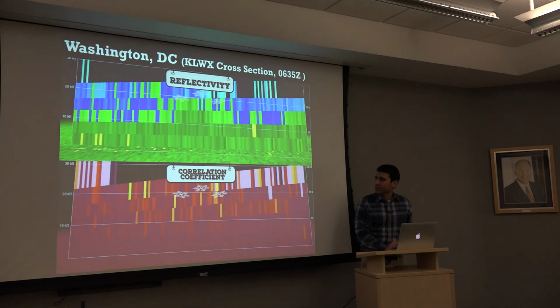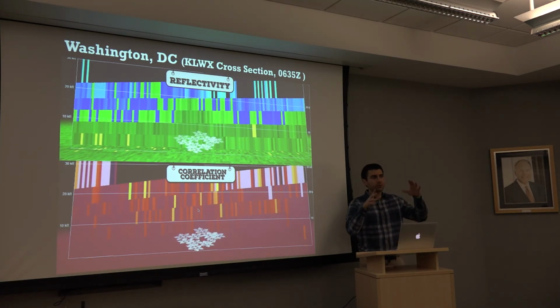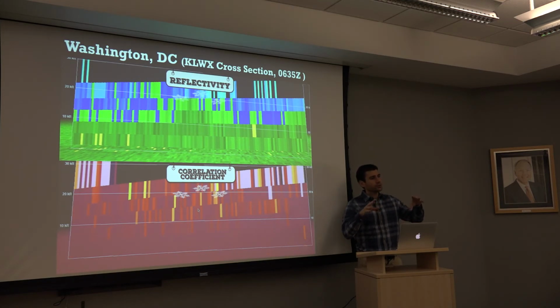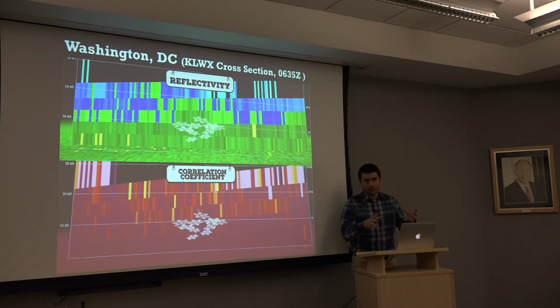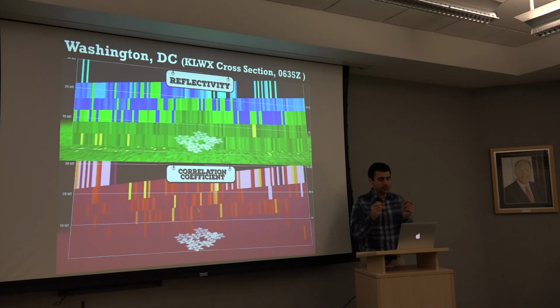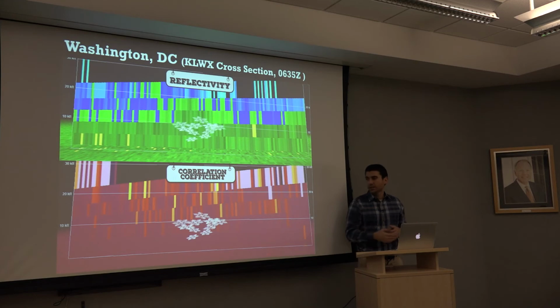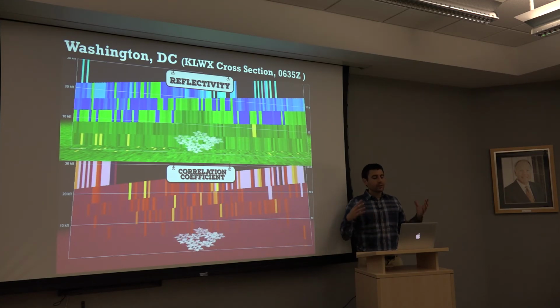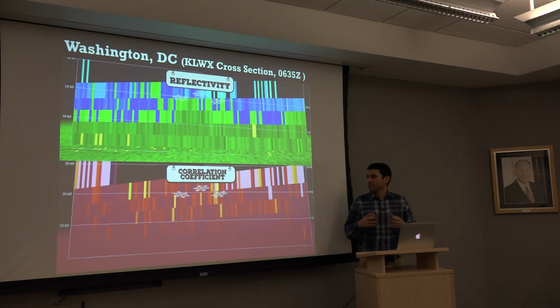One other thing we can look at, though, is correlation coefficient. We see some subtle decreases aloft where perhaps we have different crystals growing. The different shapes and structures tend to look a little more diverse to the radar, so that drives correlation coefficient down ever so slightly, maybe some specks of 0.95 or 0.96. But the clumps of snow, because of their airiness and structure, we won't go too far into the scattering properties and how that works.